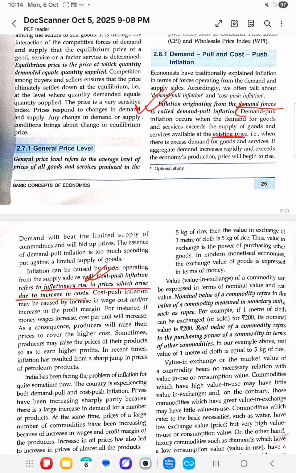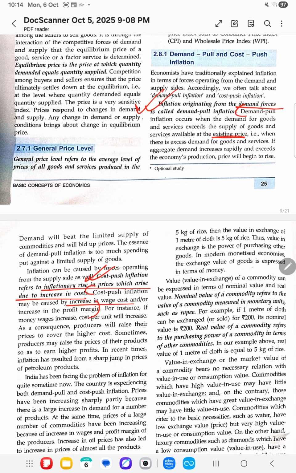Then arises a rise in price due to demand. So that is demand pull. And what happens in cost push inflation? Cost push inflation arises when there is an increase in wage cost or an increase in the profit margin.